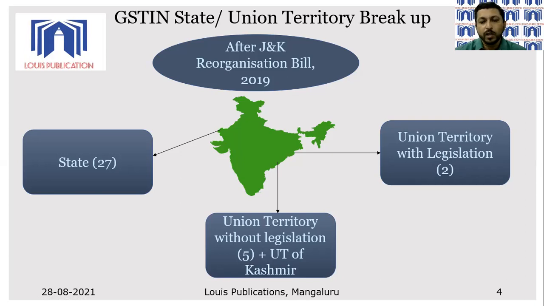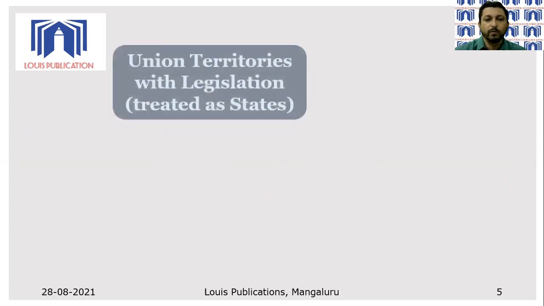But since Jammu and Kashmir already has a legislation, but since no election has happened in Jammu and Kashmir, any transaction that happens in Kashmir right now comes under the purview of UTGST and not SGST. More about it we will understand.